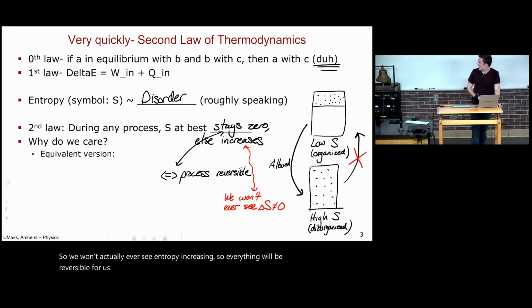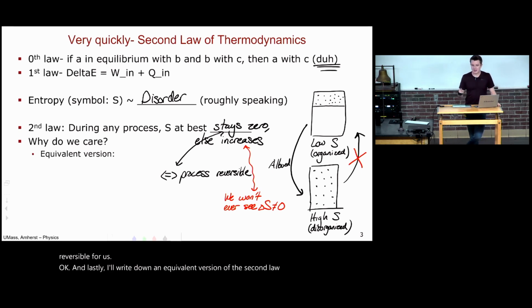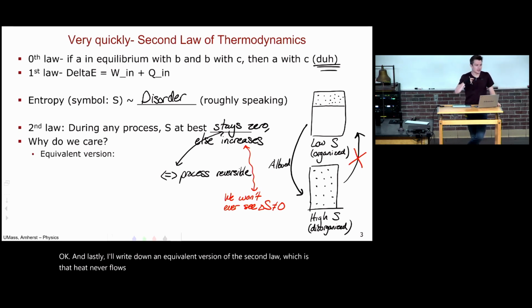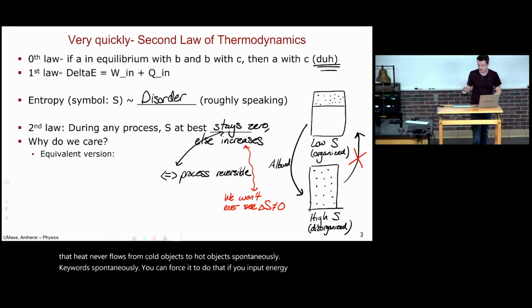Okay, and lastly, I'll write down an equivalent version of the second law, which is that heat never flows from cold objects to hot objects spontaneously. Keyword spontaneously. You can force it to do that if you input energy, but it's not going to do it by itself.